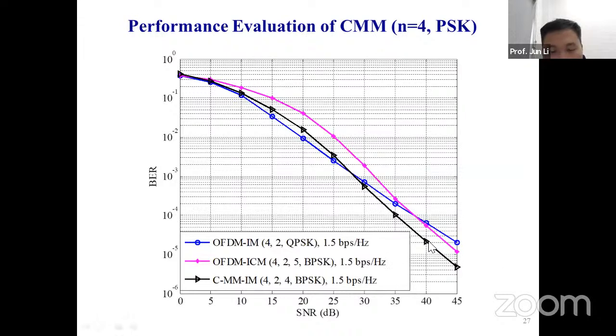It has almost 5 dB SNR gain compared to the OFDM-IM, and it still has almost 3 dB SNR gain over the conventional ICM. So we can conclude that the composite OFDM-IM has better performance than the conventional OFDM-IM and OFDM-ICM.